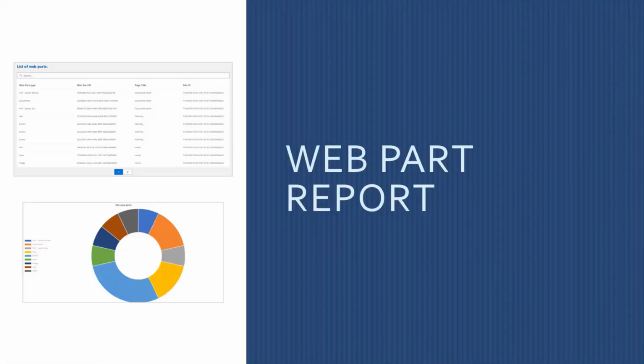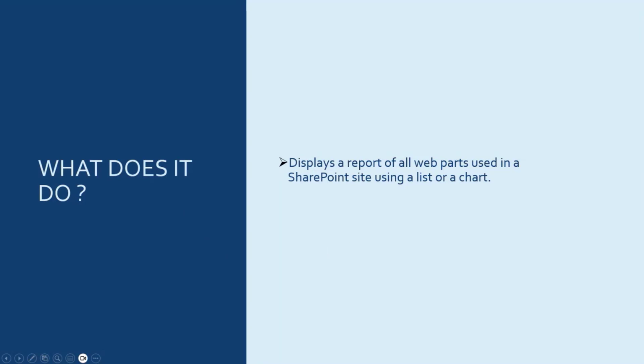Today I'm going to talk to you about the web part report web part. So what does it do? This web part displays a report of all web parts used in a SharePoint site using either a list or a chart.